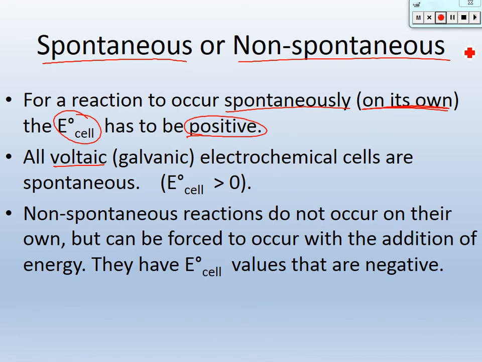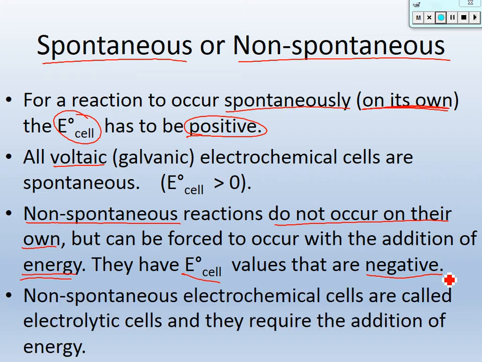Okay, well, let's contrast that to a non-spontaneous reaction. So non-spontaneous reactions do not occur on their own, but they can be forced to occur with the addition of energy. So when we add energy, we can make these reactions occur. They have an electric cell potential of values that are negative. So their voltage, when you figure them out, like we just learned how to do, would come out to be negative. So that's a non-spontaneous reaction.